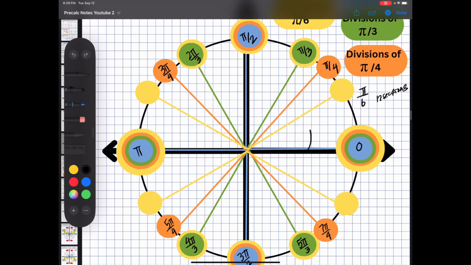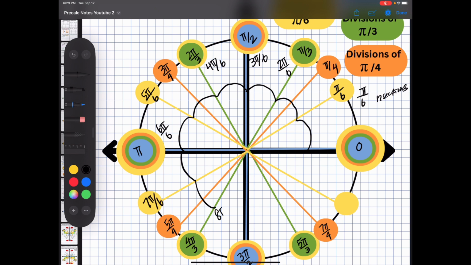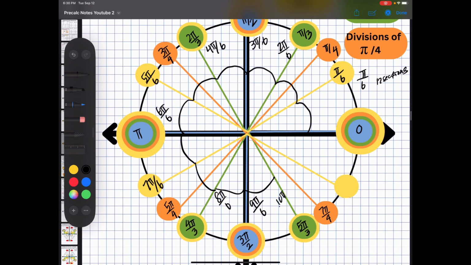So starting at 0, this is pi over 6, 2 pi over 6, 3 pi over 6, 4 pi over 6, 5 pi, oops, this one would go inside my circle, 6 pi over 6, 7 pi over 6, 8 pi over 6, 9 pi over 6, 10 pi over 6, 11 pi over 6, and then that would be 12 pi over 6.